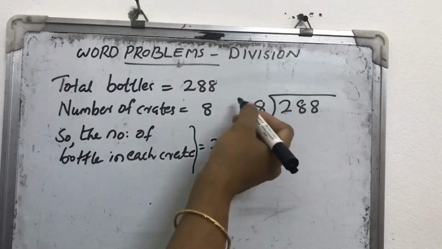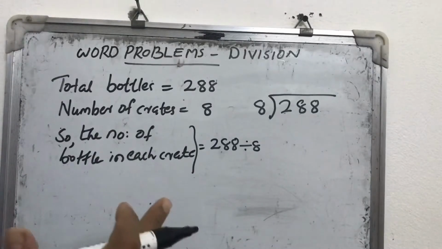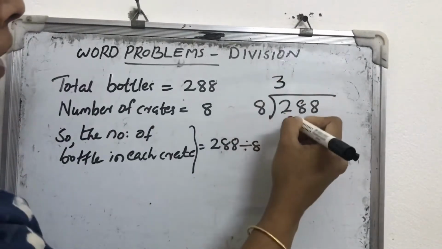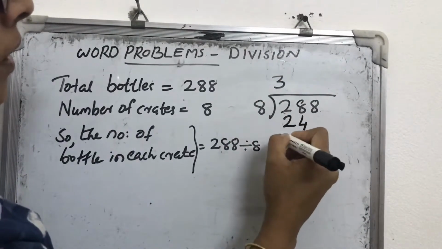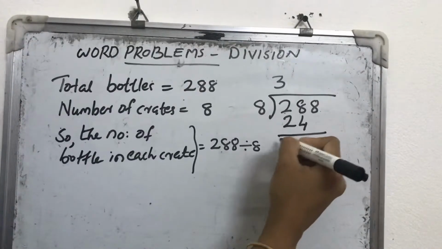Then 28 divided by 8. For that we want to know the multiplication table of 8. 1 into 8 is 8, 2 into 8 is 16, 3 into 8 is 24, 4 into 8 is 32. So that is not possible, so we can take 3. 3 into 8 is 24. Then subtracting, 8 minus 4 is 4, 2 minus 2 is 0.